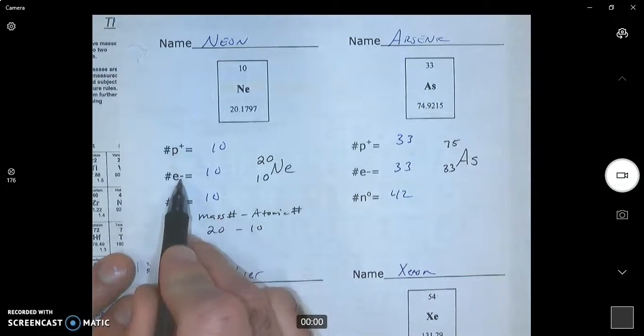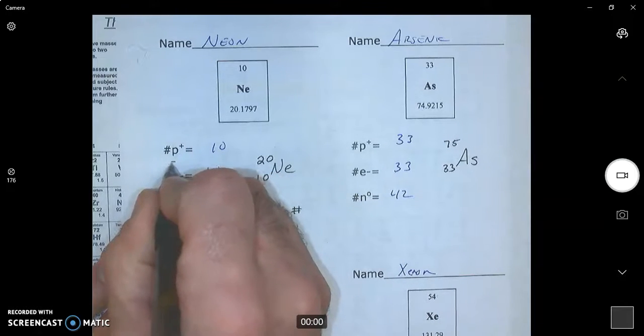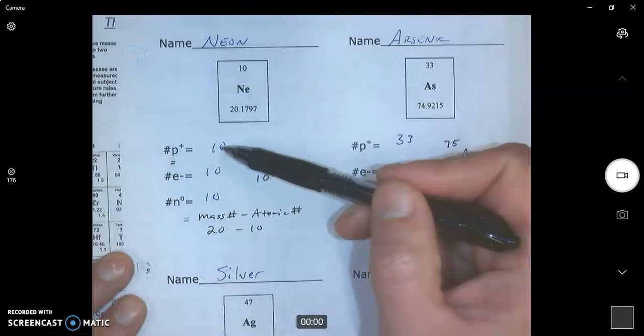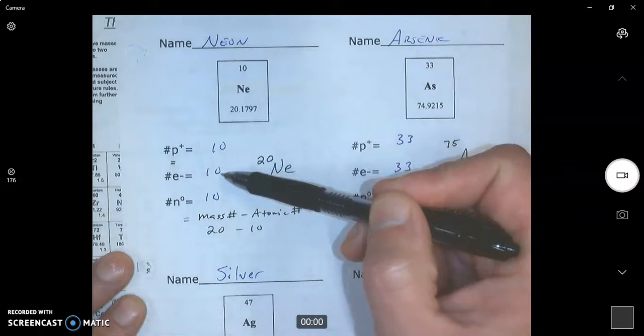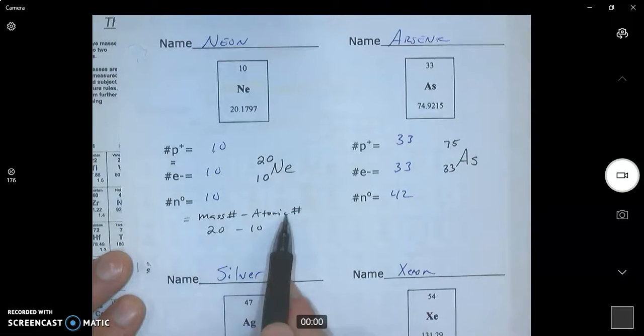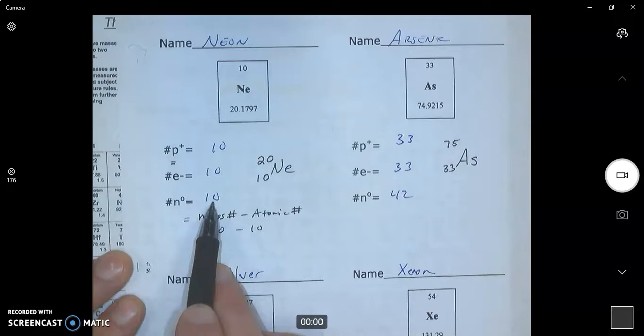Electrons and protons are equal as long as the atom is neutral. And we're going to assume everything's neutral for right now. So 10 protons, 10 electrons, and then if we take the mass number, which is the rounded average mass of 20, minus the atomic number of 10, we get 10 for our neutrons.